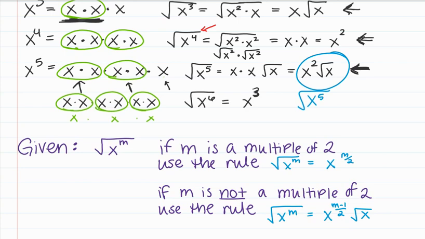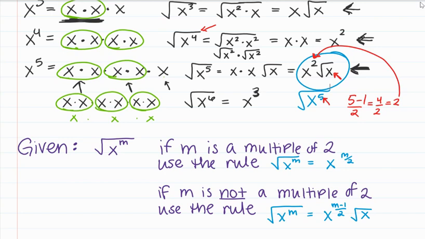So with my 5, I take 5 minus 1 over 2, which is 4 over 2, which equals 2. That is where this 2 comes from. And then I've got the square root of x here. That's how that works.